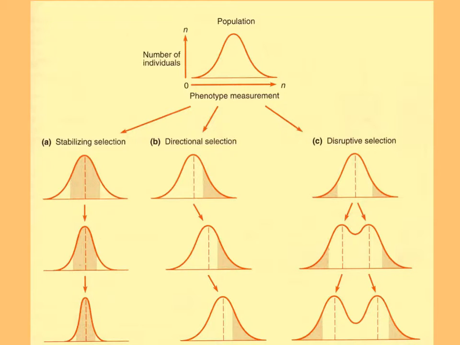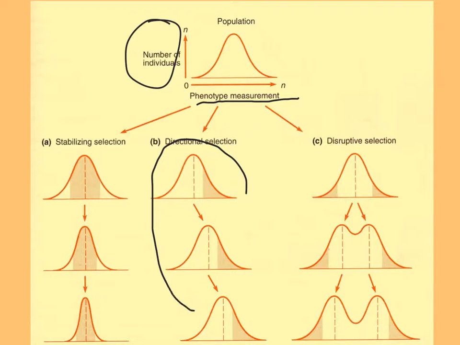Okay, so just to look at this, here is the phenotypic measurement. Let's say something like hair length in wolves. It goes from smallest to largest. And then here on the other axis is the number of individuals. So we're first going to look at what's called directional selection.